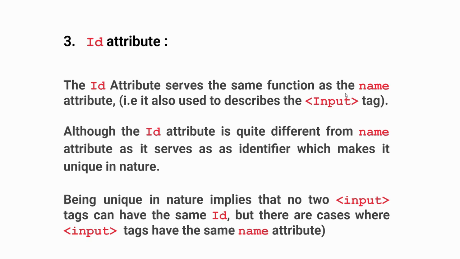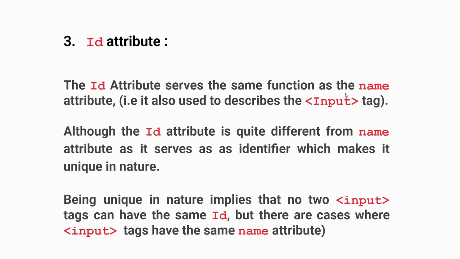So if you have the name attribute within several input tags assigned the same value, the moment you reference it by the name attribute, it's going to make changes to all the inputs, which is why the ID attribute is very important and it has to be very unique.